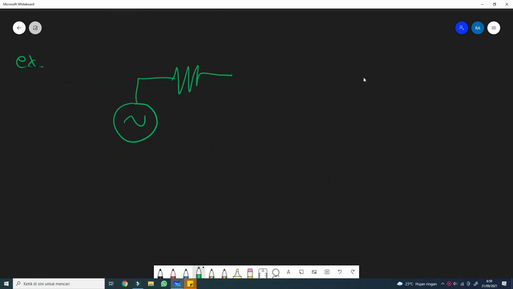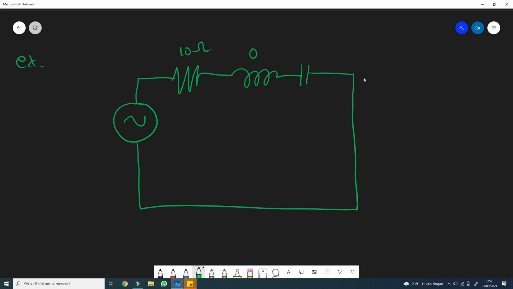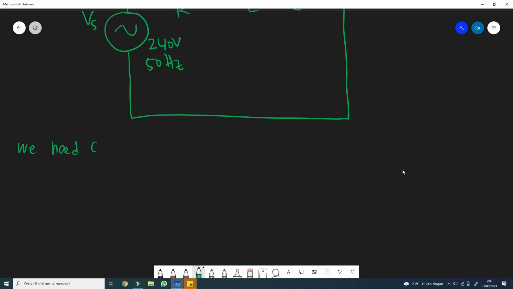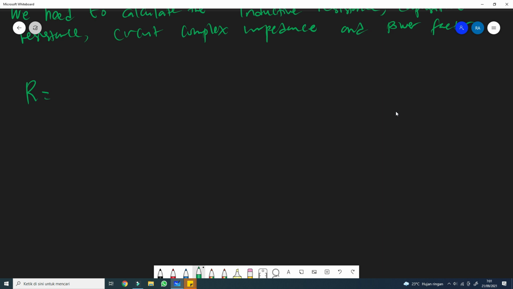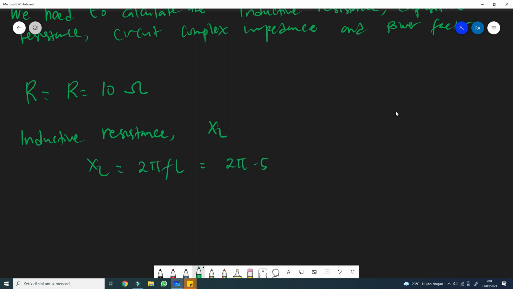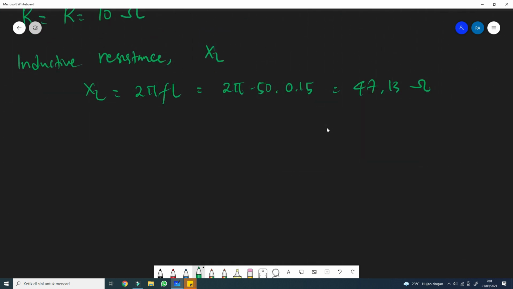Another example: suppose we have an RLC series circuit below, and we need to calculate the inductive reactance and capacitive reactance, the complex impedance of the circuit, and also the power factor. So we know that R is 10 ohm and the inductive reactance XL is 2 pi times F times L, which equals 47.13 ohm.